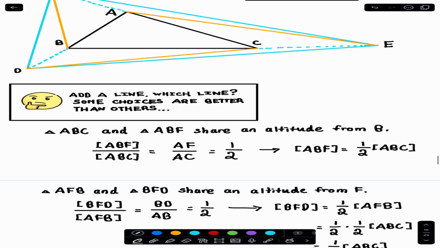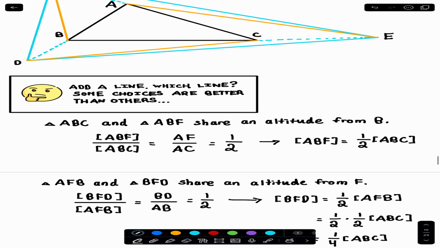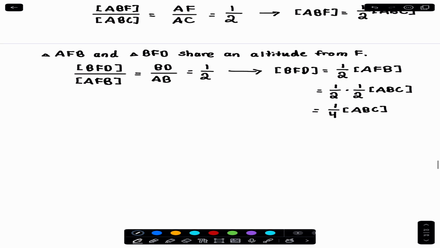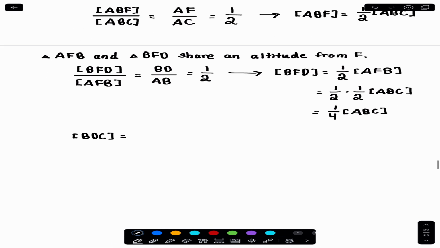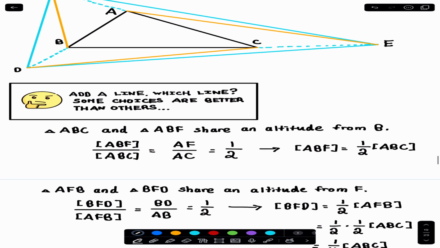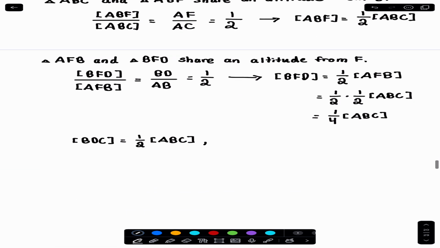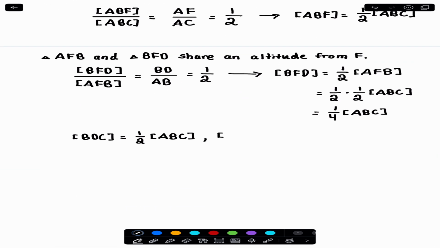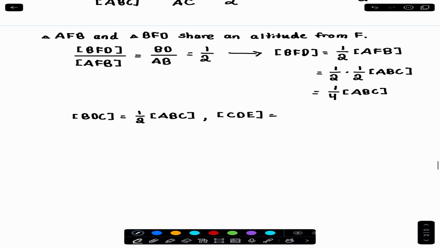So let me write that out. You're going to find that the area of triangle BDC ends up being half as large as triangle ABC. You're going to find that the area of triangle CDE is 1/4 of triangle ABC.